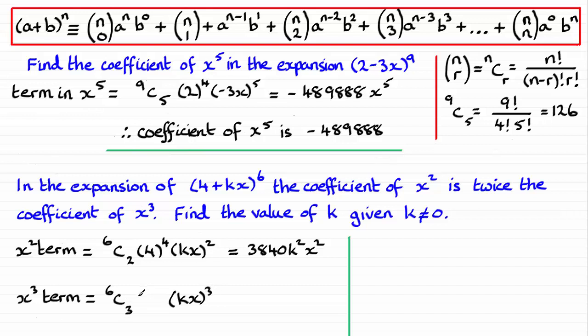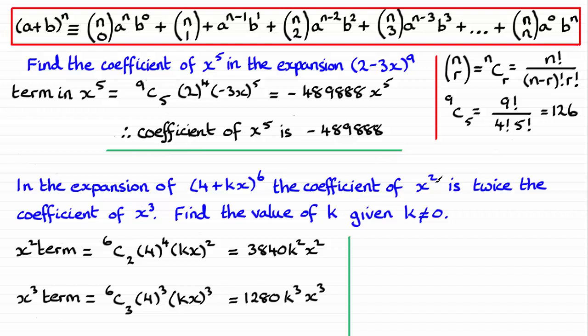The a part is going to be 4 to the power 3 because those two 3's add together to give the 6. 6C3 turns out to be 20. 4 cubed is 64. 20 times 64 times k cubed x cubed turns out to be a result of 1,280 k cubed x cubed.